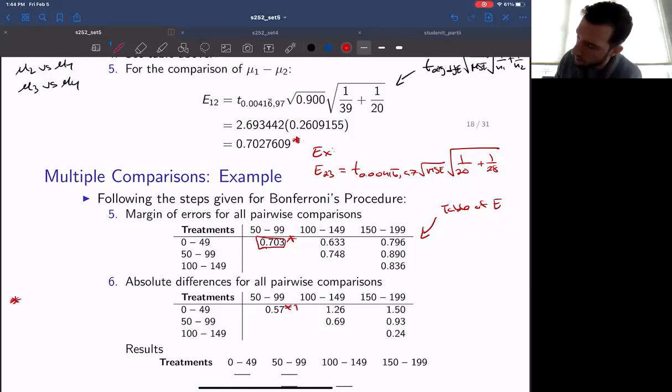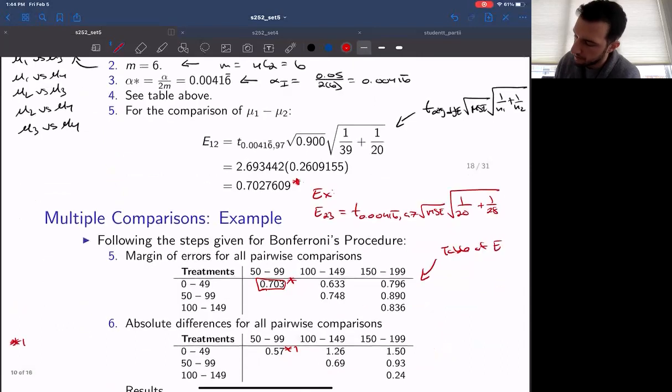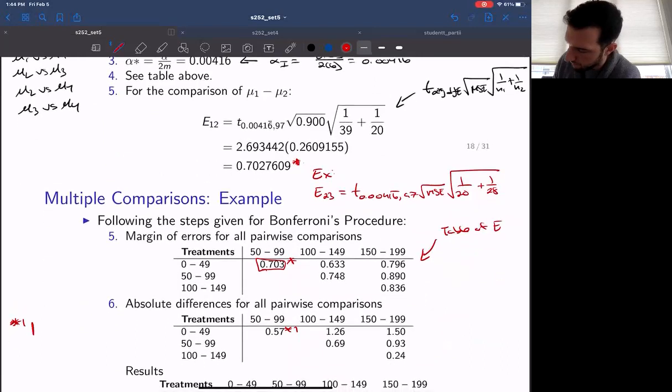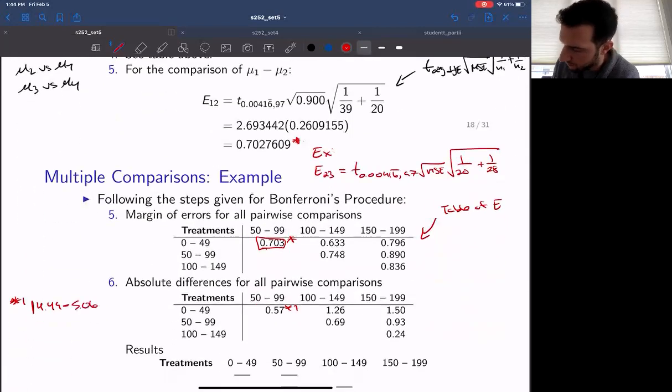I'll call this star 1. This is going to be the absolute value of 4.49 minus 5.06, which is equal to 0.57.